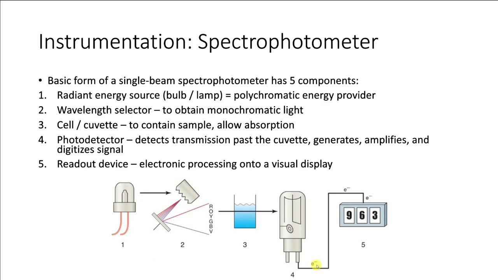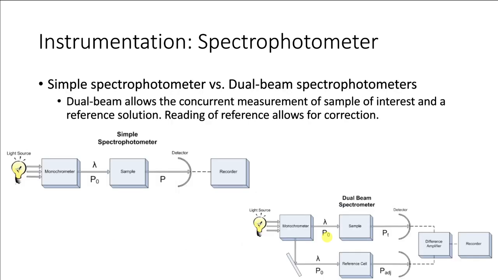Then, last but not least, that energy signal that is generated from the photodetector is then displayed out onto some sort of readout device. Basically, we can't read electricity with our eyeballs, so this is our way of being able to look at it. Usually, it just means a computer.